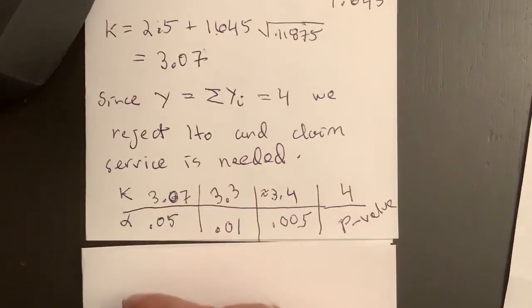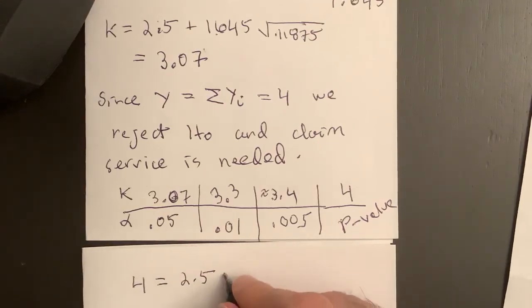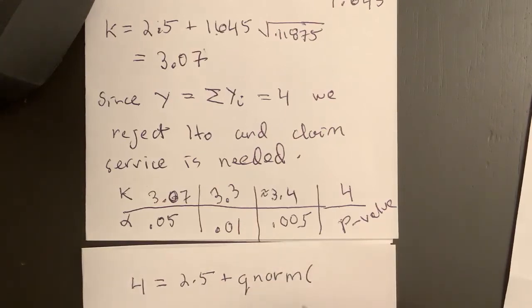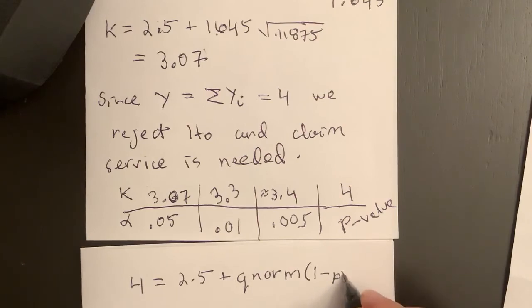So we have 4 equals 2.5 times, now this was plus, Q norm, this would be 1 minus the p-value, and times square root 0.11875.